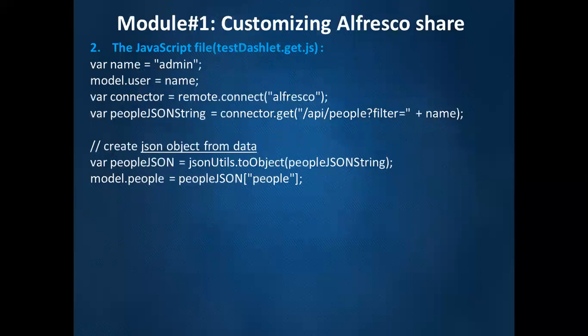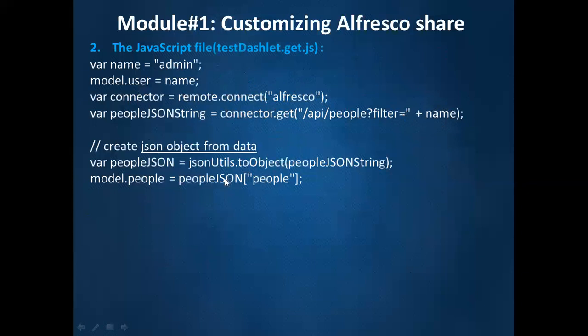How does this code connect to Alfresco? Follow line number 3, connector remote.connect. These lines mean I will connect inside Alfresco, and what I will do inside is retrieve the data of this name, only the admin information.